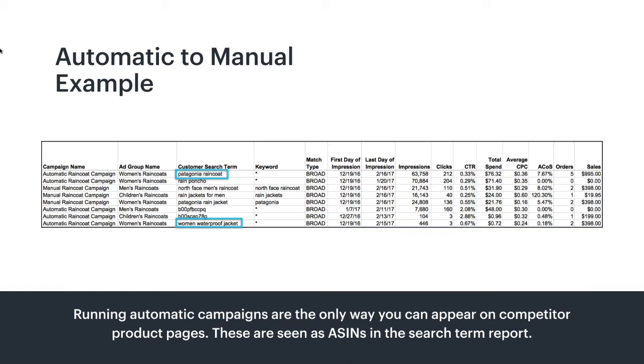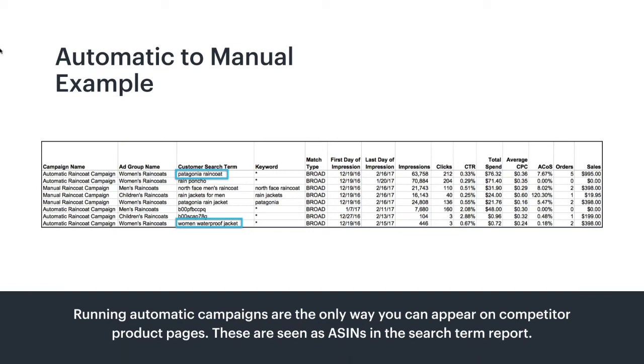I'm seeing a couple here in this example. What is the impact of ASIN showing up in the search term report? Yeah, that's a great question. So another advantage of the automatic campaigns, in addition to using that explore strategy, is that it's the only way that you can show up on a competitor's product page. So imagine how powerful that is.